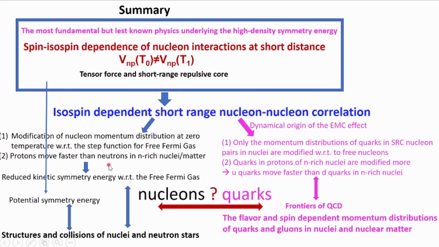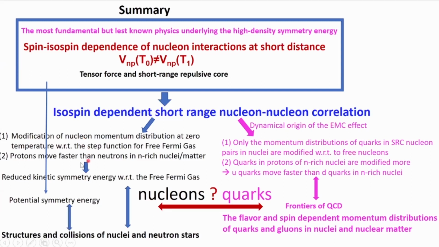On one side, we have seen that the tensor force affects the potential part of the symmetry energy, in particular at high densities. It also affects the momentum distributions of neutrons and protons. They form a high momentum tail that is different for neutrons and protons and strongly depends on the isospin asymmetry of the nuclei or nuclear matter.